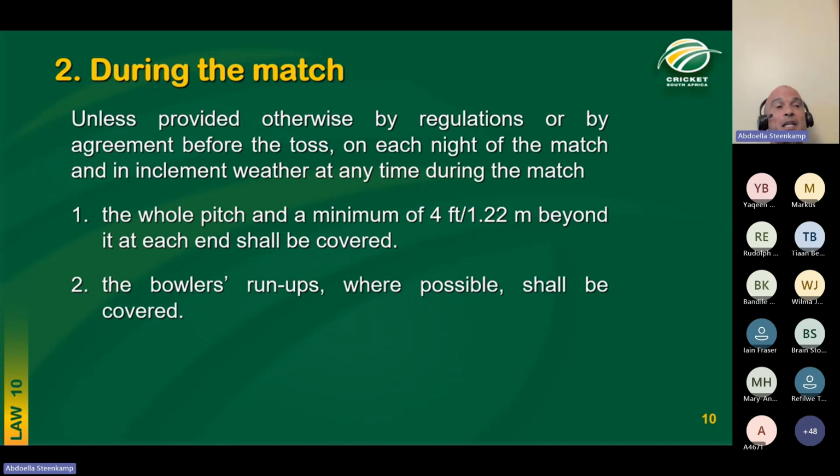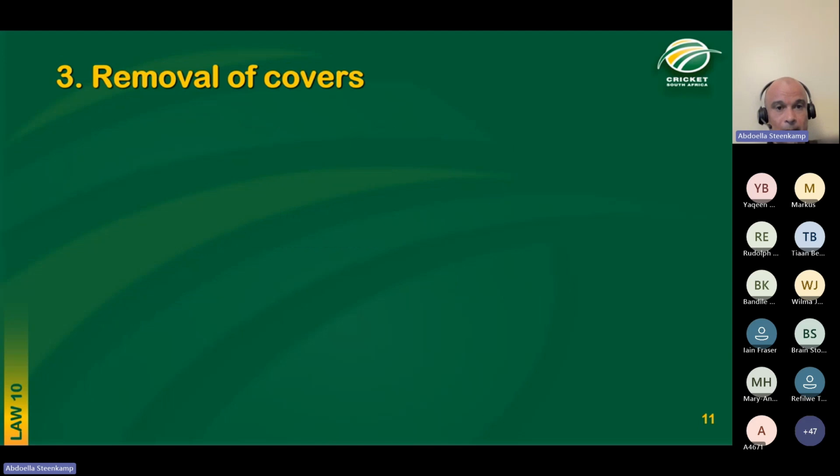We cover the whole 17 pitches, and we also cover the bowlers' run-ups. We'll do it overnight, where the curator will cover the whole square, and the square consists of these 17 pitches. Not all grounds have 17 pitches. You'll find some grounds only have 10 pitches, and that consists of the square. So the square will be covered, and bowlers' run-ups to be covered.